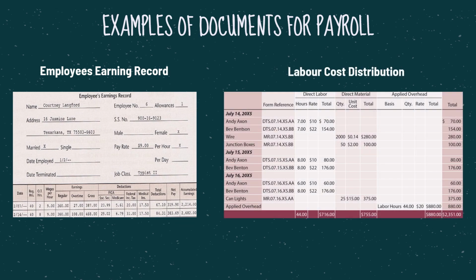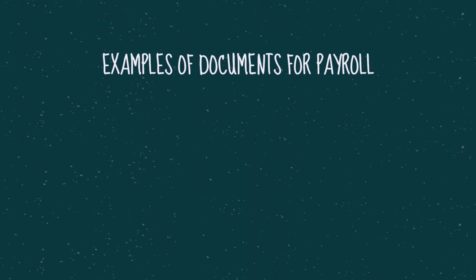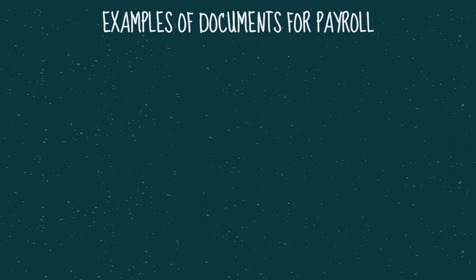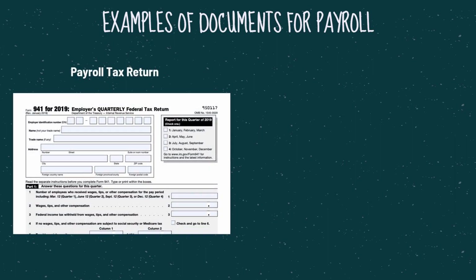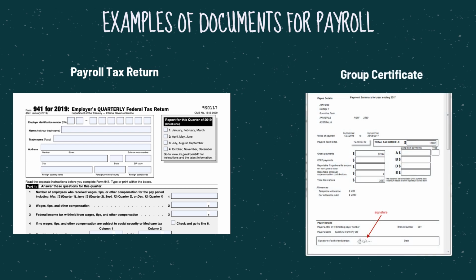It is to identify gross factory earnings for various account classifications. Number 9 is the payroll tax return, and its function is to prepare tax returns for submission to the relevant government agency. Next is the group certificate. It is to prepare a document to give to an employee for filing with the tax authority.